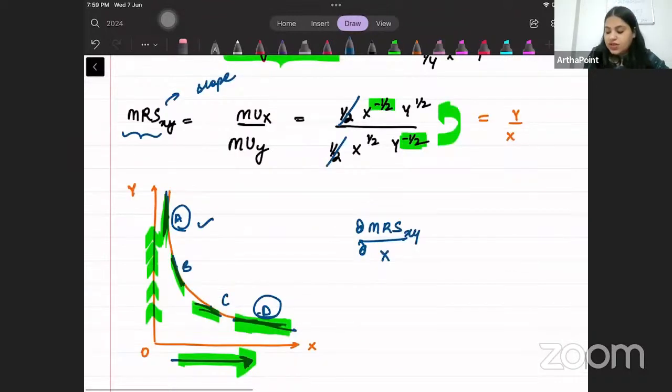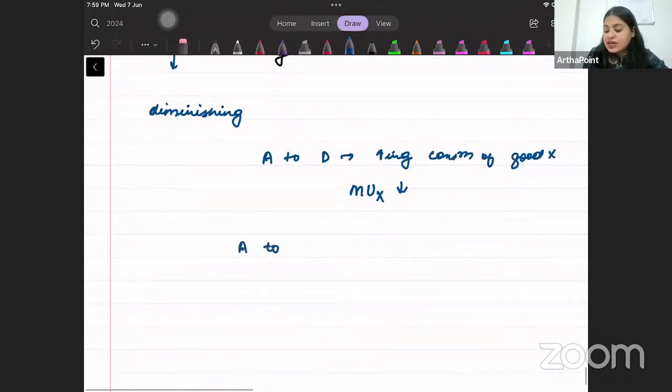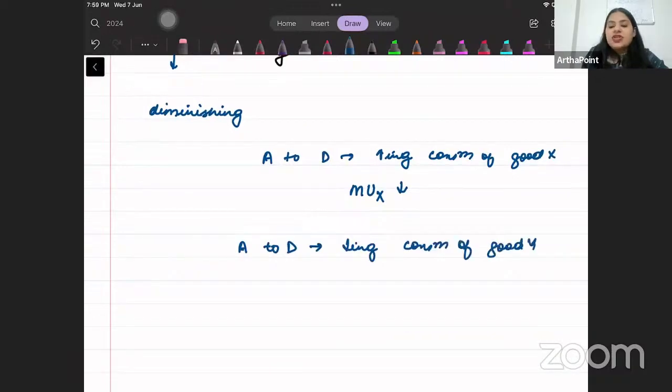And from A to D, X is increasing. Similarly, when I go from A to D, we are decreasing the consumption of good Y. So marginal utility of good Y should increase due to the same law, right?